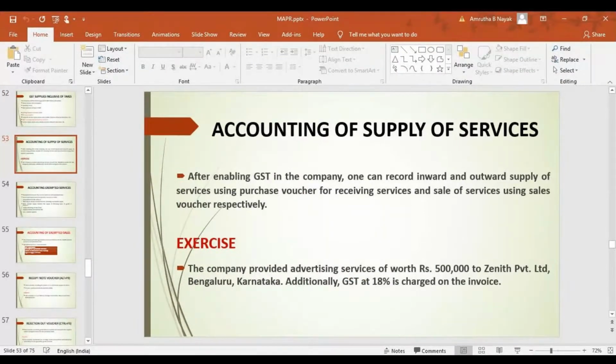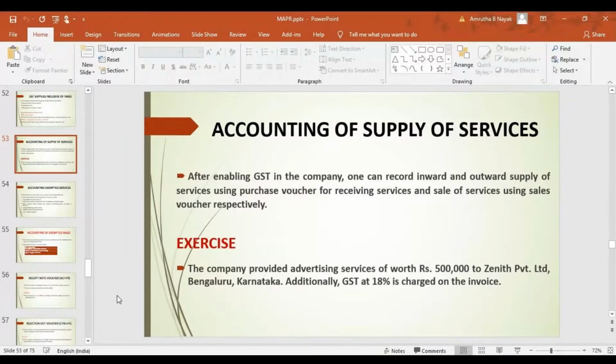After enabling GST in the company, one can record inward and outward supply of services using a purchase voucher for receiving services and a sales voucher for providing services respectively. So the same way how we created for goods, we'll be creating them for services.